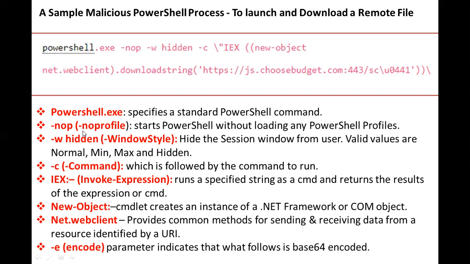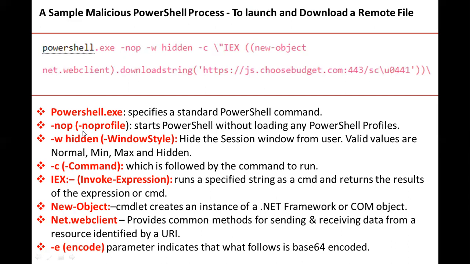So we go on to see -w hidden. W means window style. It could be set to normal, minimum, maximum, or hidden. Most of the time, a malicious PowerShell script goes with -w hidden, to hide the window session from users.